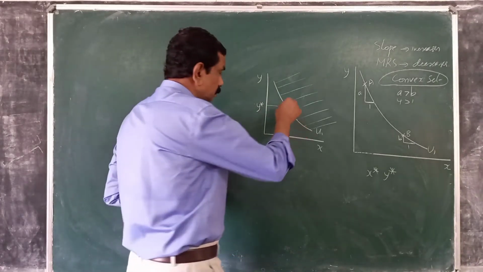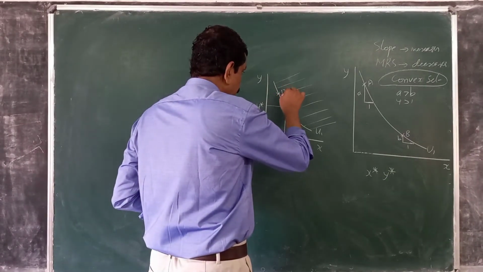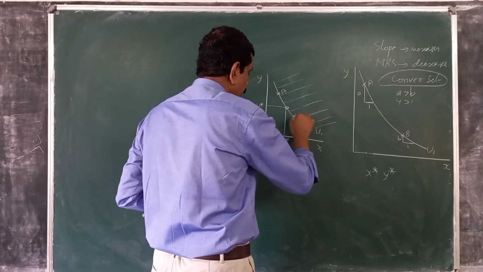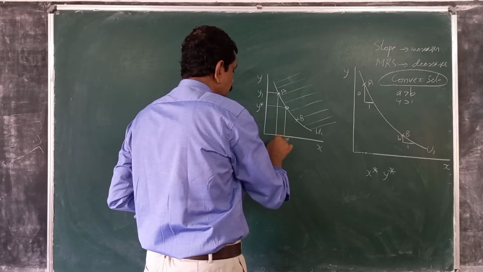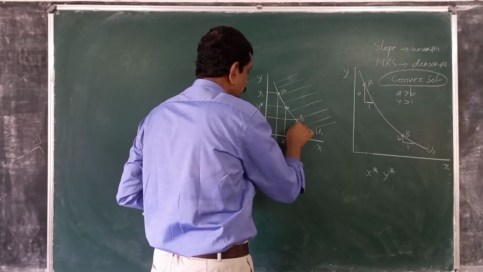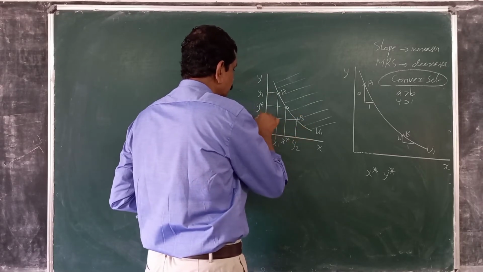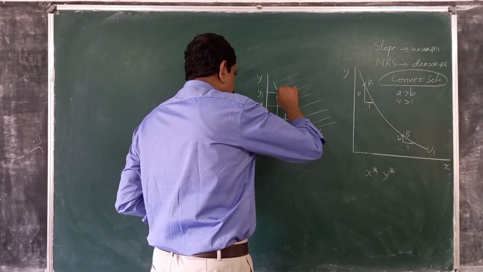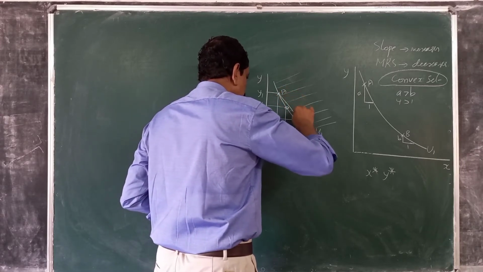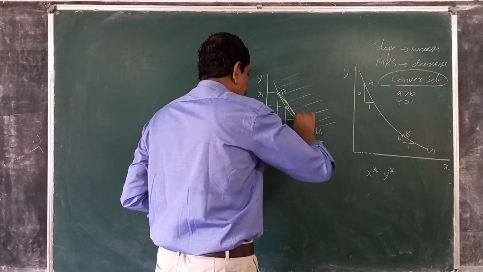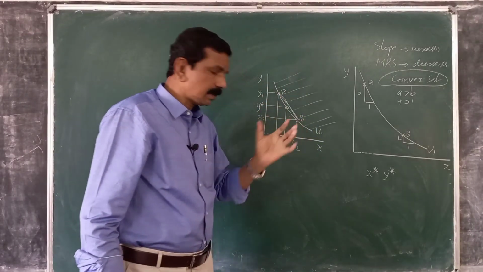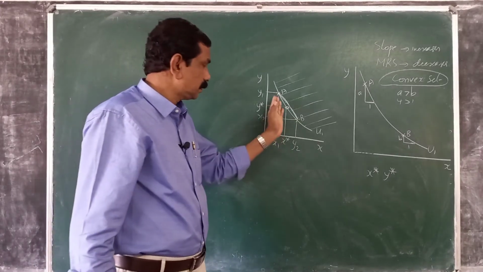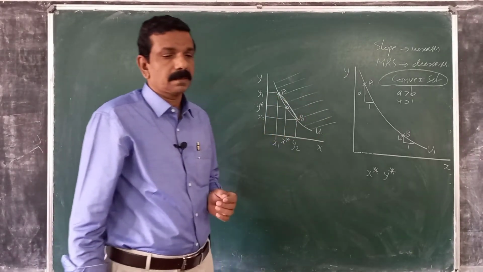And consider two such combinations, combination A and combination B. So this is y1, x1, this is y2, x2. And suppose that you join this with a straight line and the straight line is completely within this set. So it is a convex set.